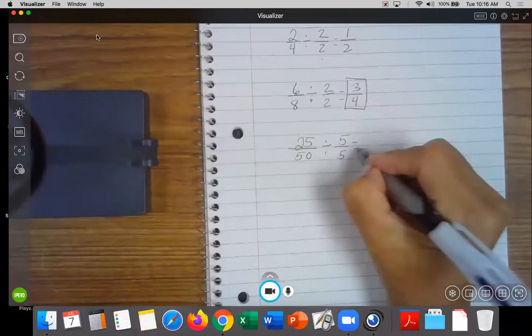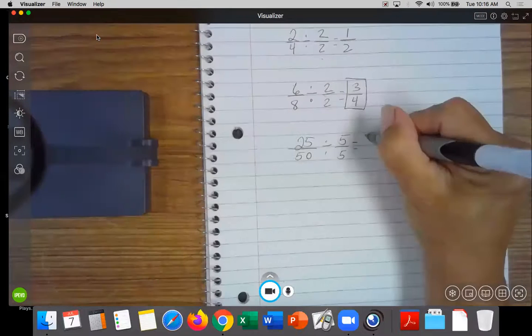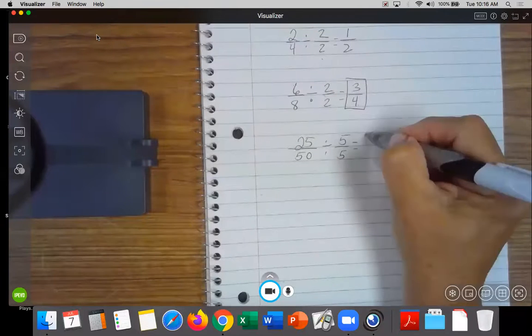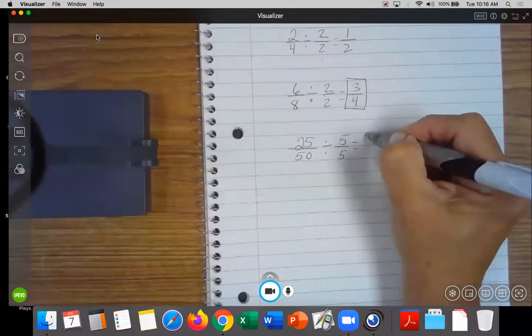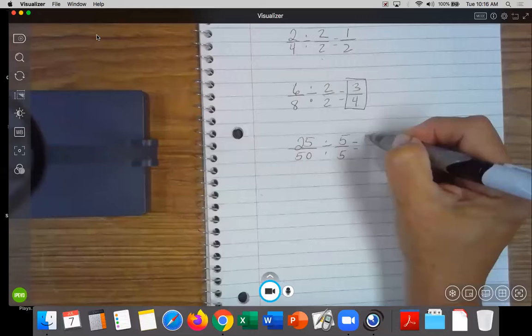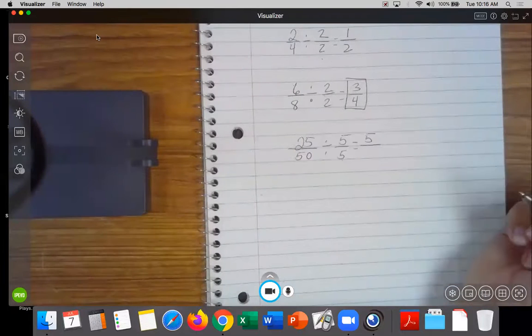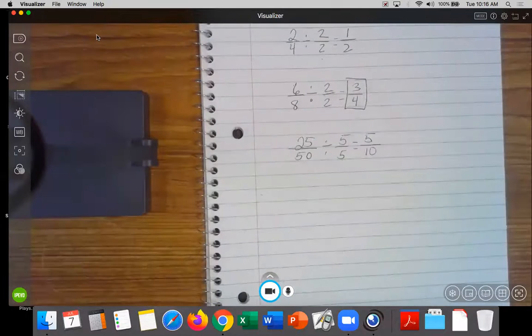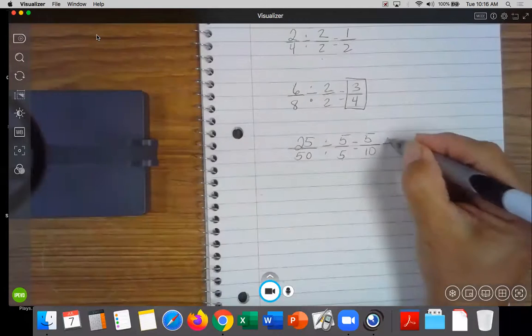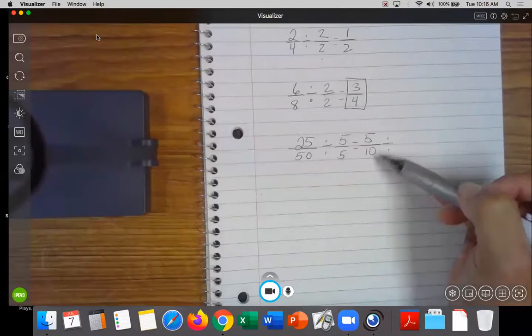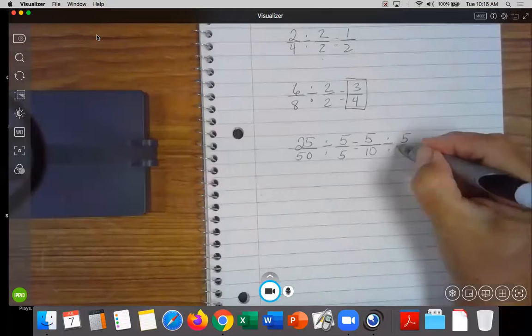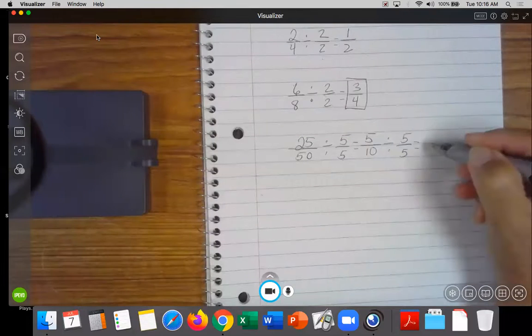What is 25 divided by 5? Or 5 times what gives me 25? It's 5. Excellent. And what is 50 divided by 5? 10. Awesome. Now, is that as low as that can go? No. There's something that 5 and 10 are both divisible by. They're both divisible by 5. So that's going to give me 1/2.